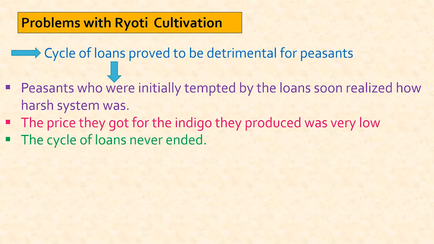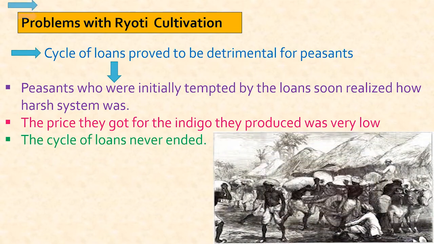Earlier they felt that it was a favour given to them, but later on they realized it was such a big mistake because they fell into a cycle of indebtedness. Many times they fought for their land, because in an urge to pay the loan amount, many people used to keep their land with the zamindars and then their land was lost because they could not pay the rent or the loan amount.